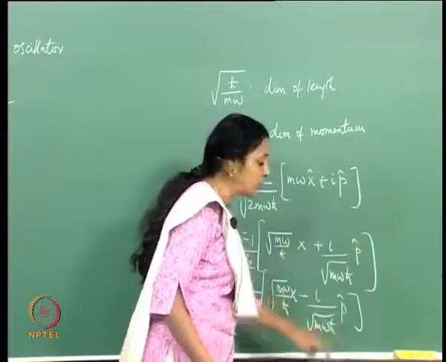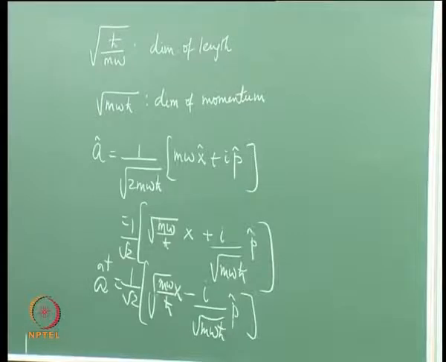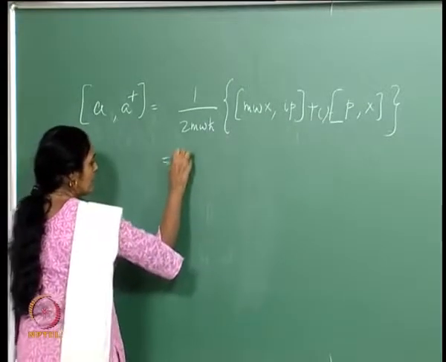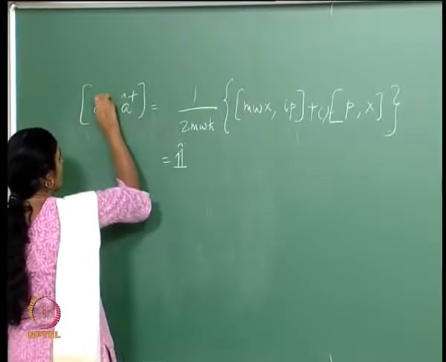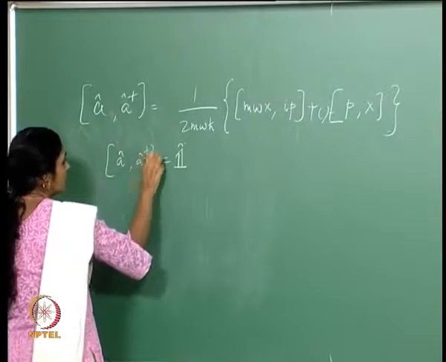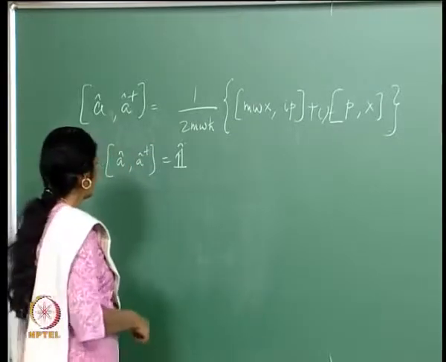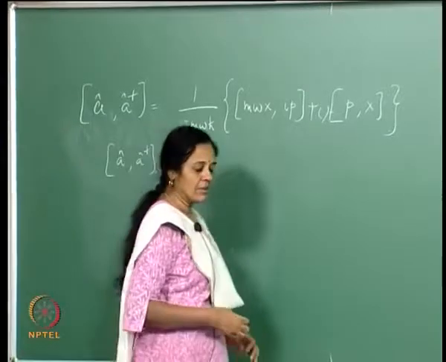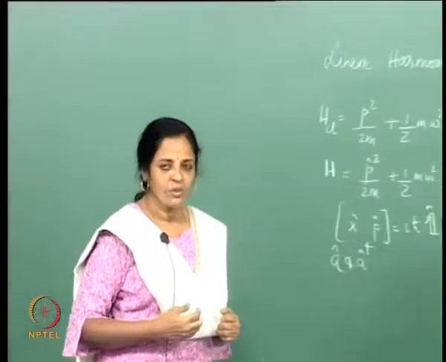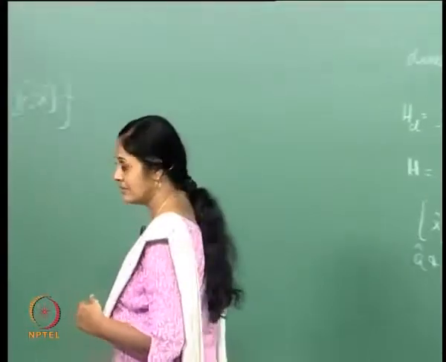The commutator of P with P is 0. And that is how I get commutator of A with A dagger is 1. By 1 I mean the identity operator. So, I could have written commutator XP is i h cross times identity, or I could have written commutator of A with A dagger is equal to 1.